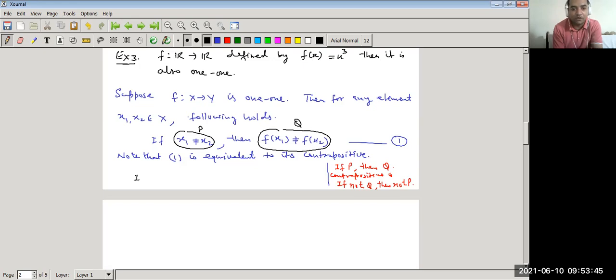So now the contrapositive is, if f of x1 is equal to f of x2, then not P. What is P? x1 is not equal to x2. Then the negation of this is x1 is equal to x2. Yes. So in this way, we can define the 1-1 function by taking the contrapositive of the statement if P then Q.